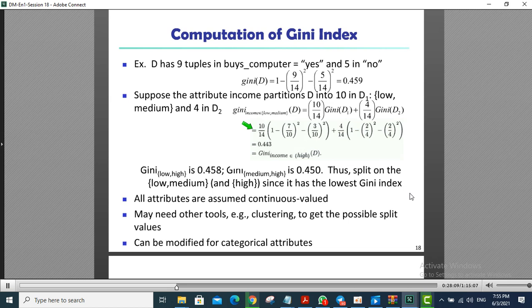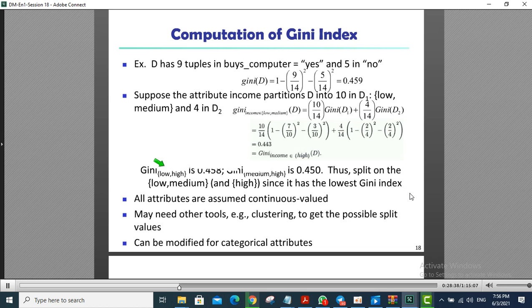My best choice is choosing income with a split point between low and medium, then between medium and high, and finally between low and high. The Gini of low and high is the highest one.